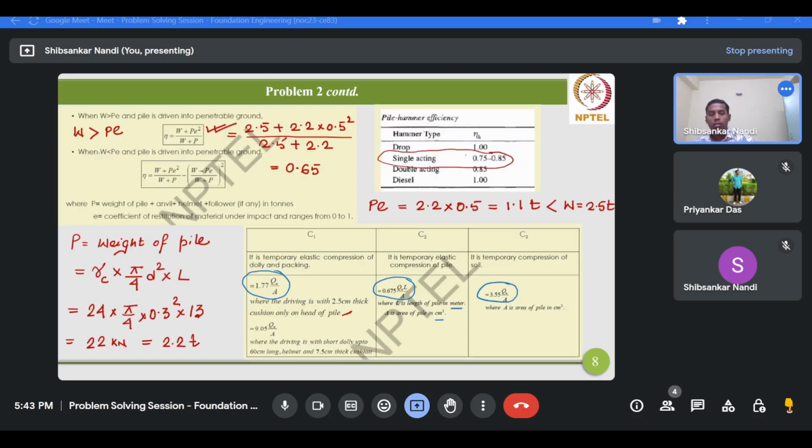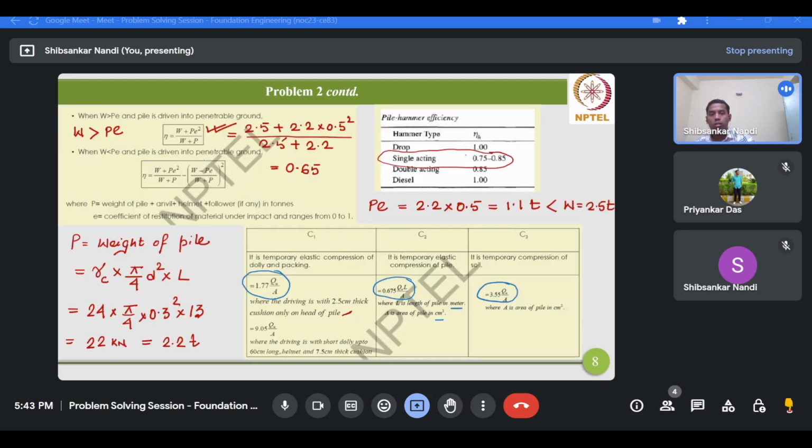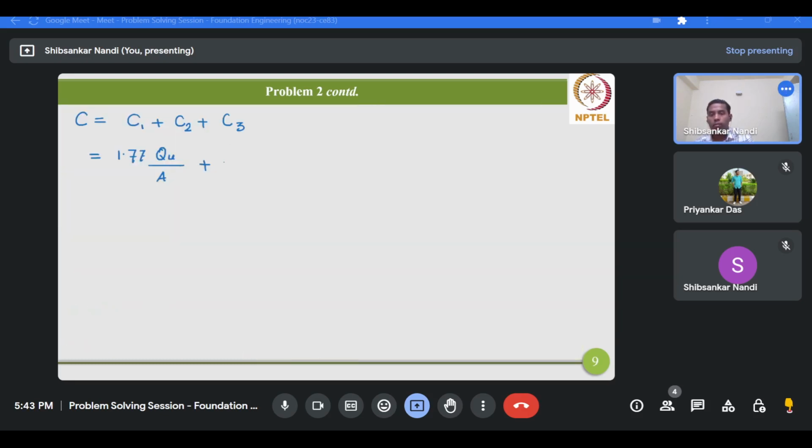For C1, this is 1.77 QU by A. For C2, this is 0.675 QU L by A. And for C3, this is 3.55 QU by A. Okay.